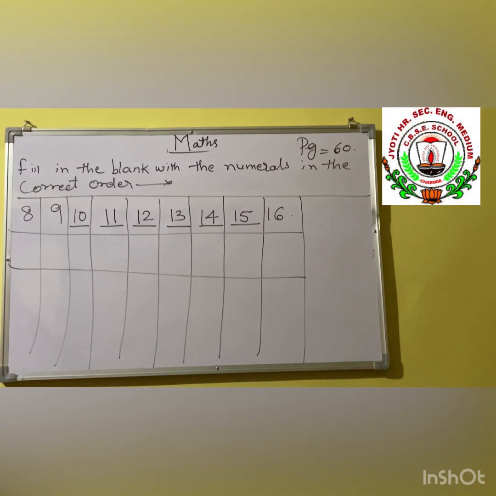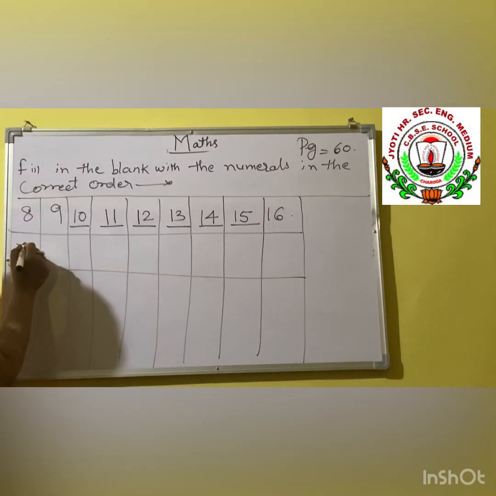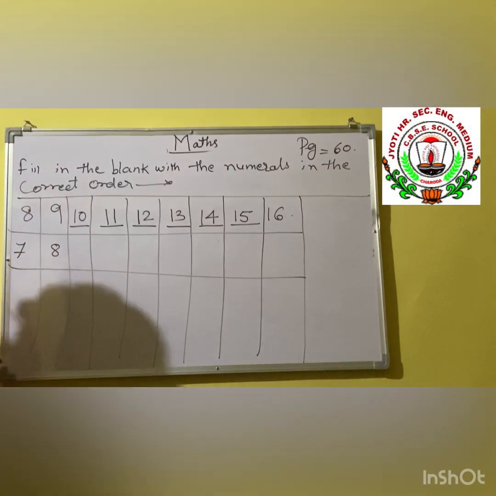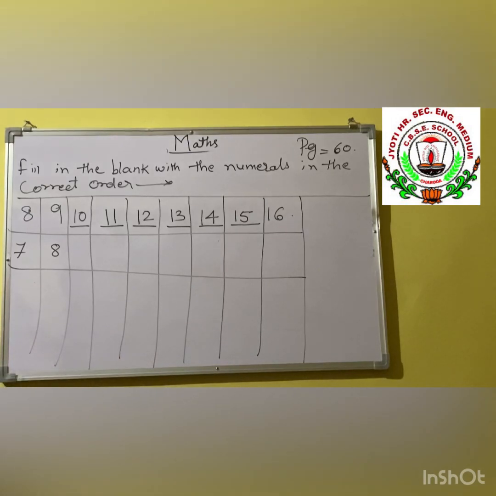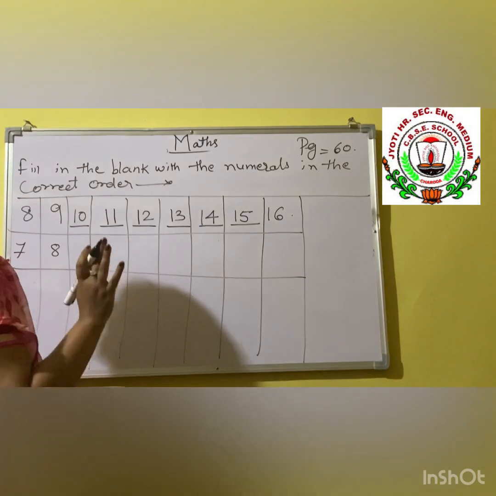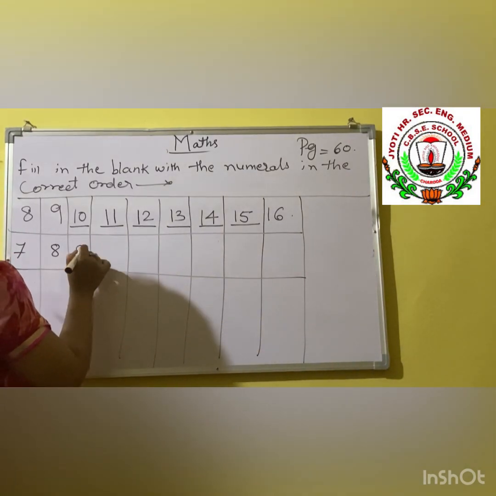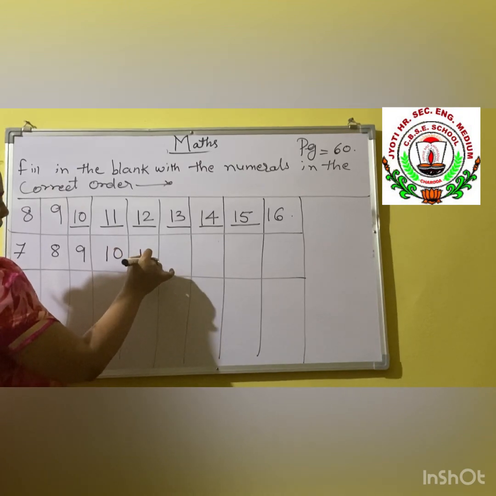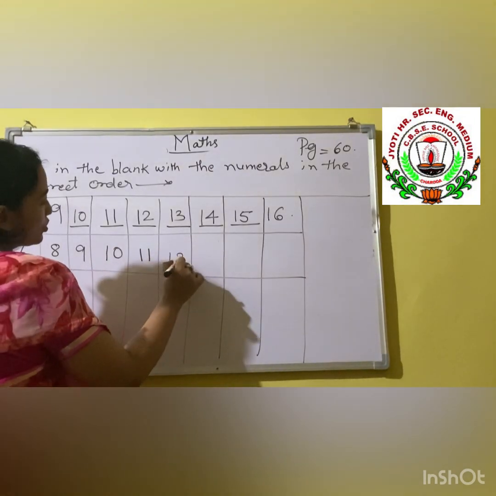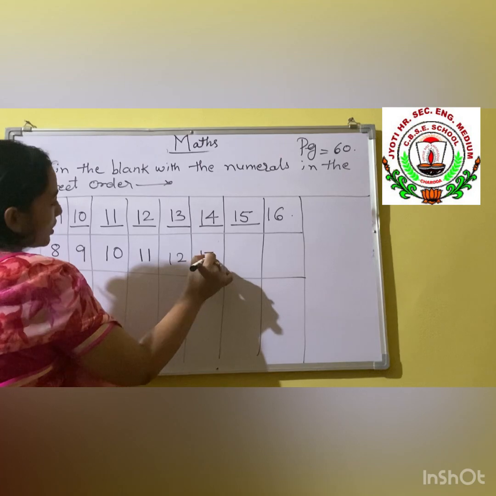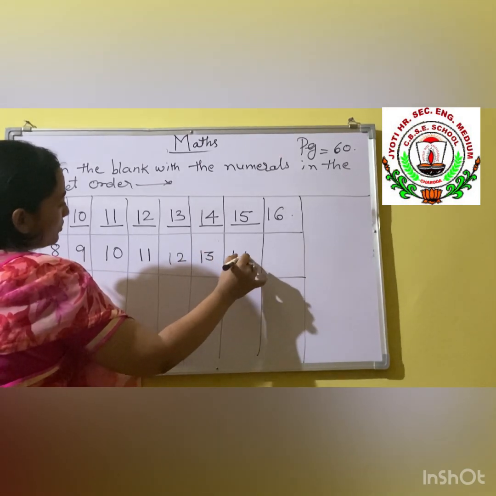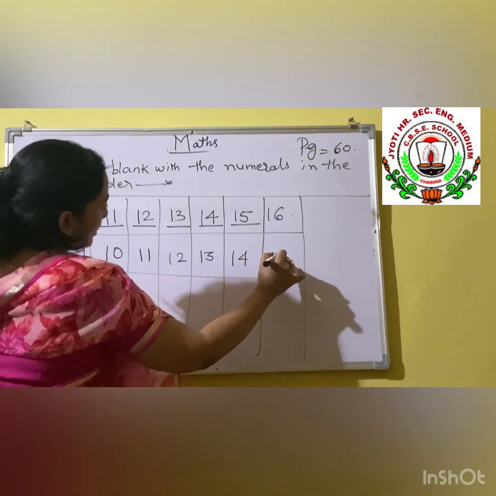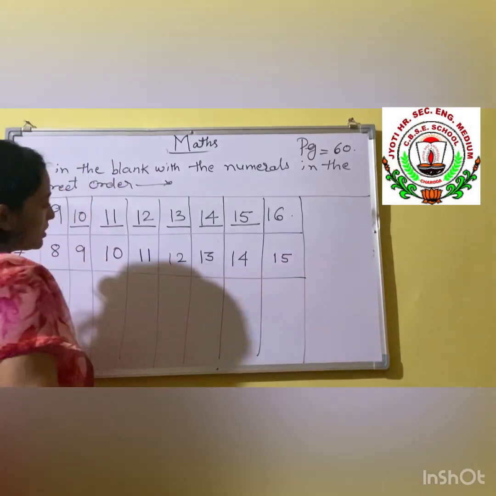Now, the next one is only 7 and 8 given over there. You have to write the next numbers which will come in these blanks. After 8, 9, 10, 11, 12, 13, 14, 15. Isn't it?